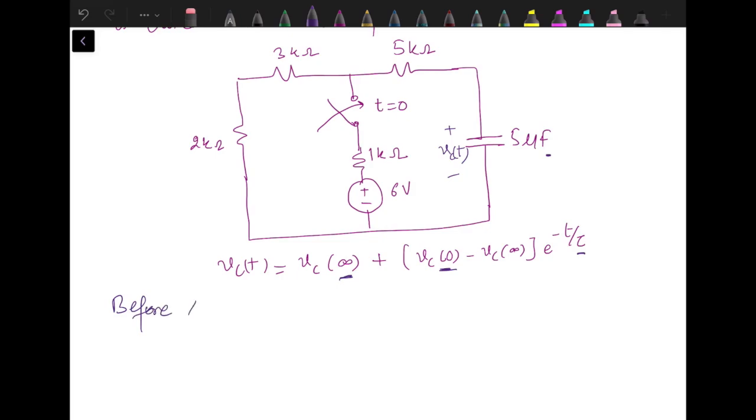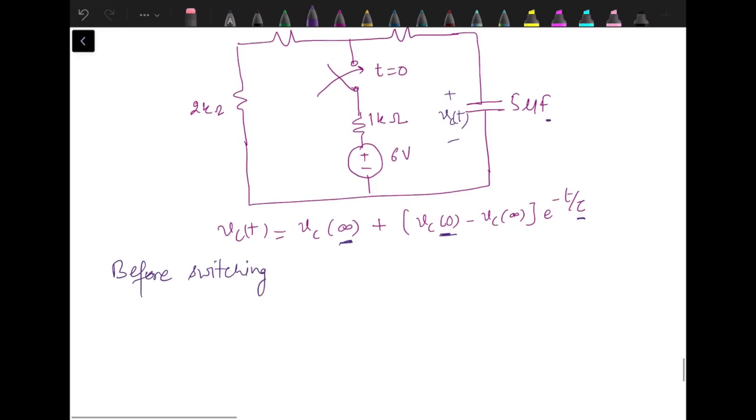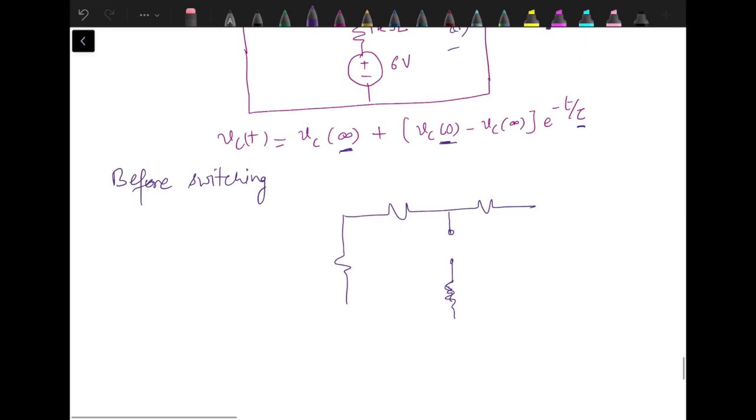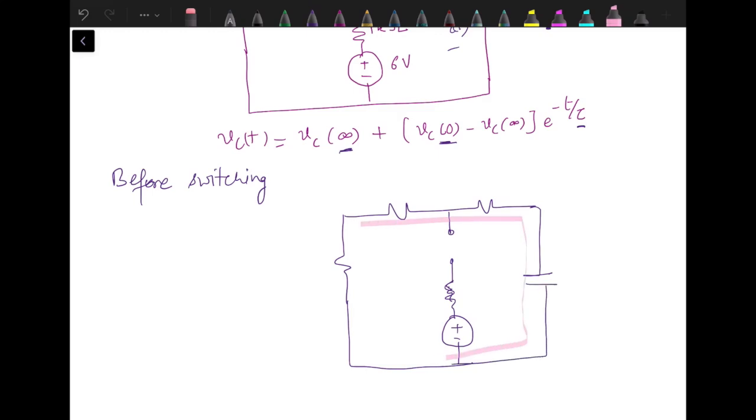First step is calculations from before switching conditions. Before switching, we have all the resistances. The switch is open. Now, in this path, we don't have any active source.